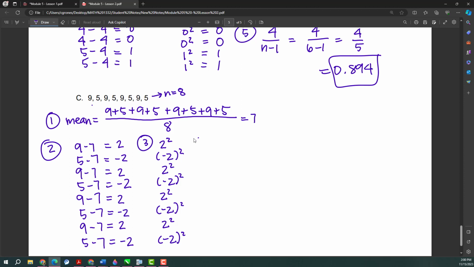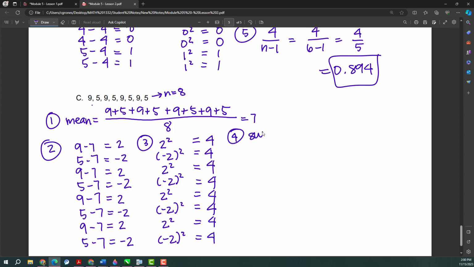Each of these is going to be 4, because 2 times 2 is 4, and negative 2 times negative 2 is also 4. So we have 4 all the way down 8 times because there are 8 different items.